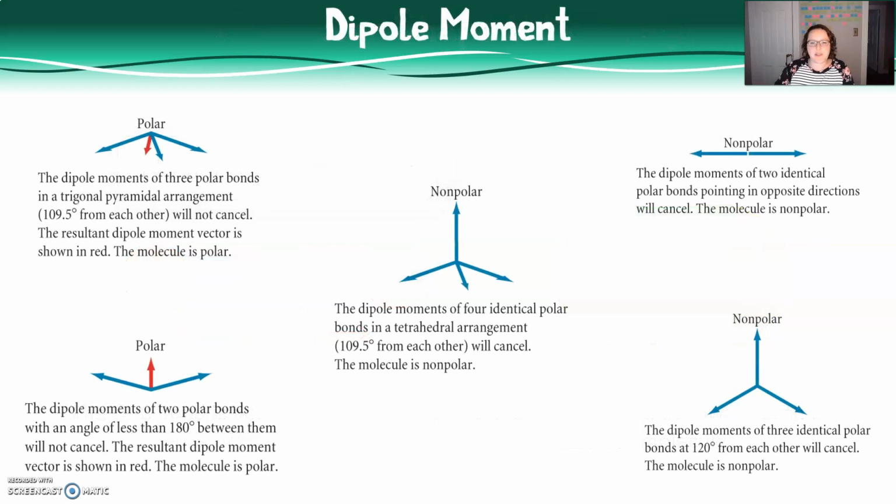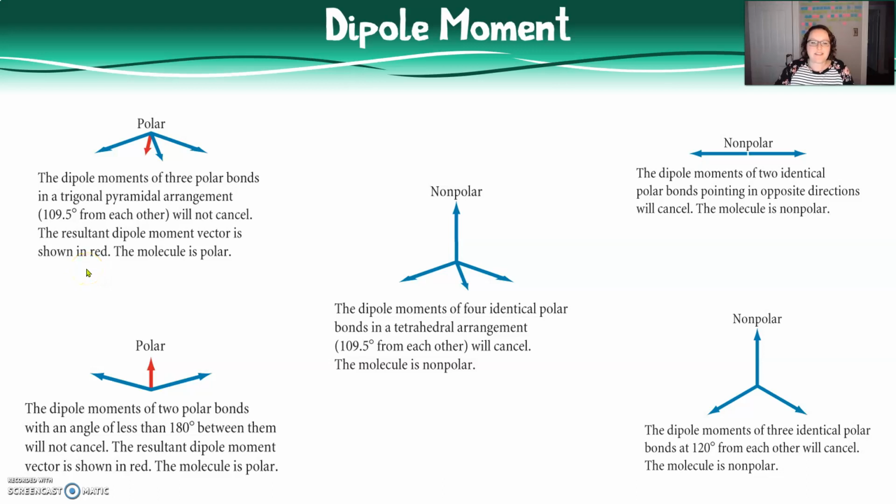When considering the polarity of a molecule, it is crucial to be able to visualize how the individual bond dipole moments within the molecule will combine geometrically. Some examples of how to think about the dipole moments within individual molecular geometries are given on this slide. Also, remember that in order for two dipole moments to cancel each other out, they need not only to geometrically cancel out, but they also need to be the same magnitude.